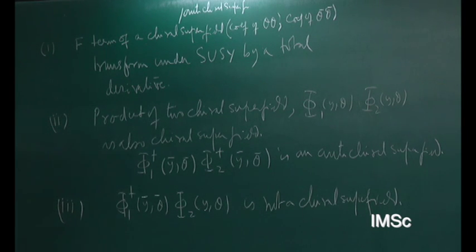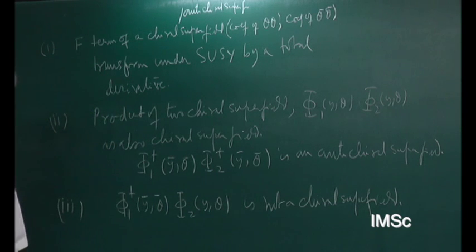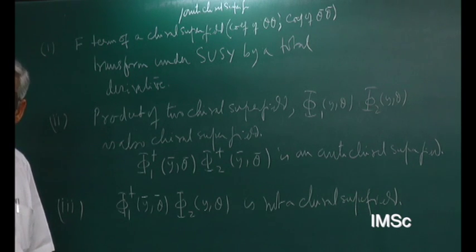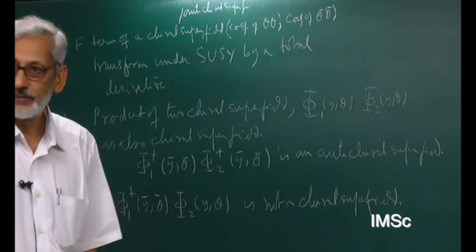But then we said this superfield, which is a product of a chiral and an anti-chiral superfield, has an interesting term that we call the D term, which is the coefficient of theta square and theta bar square.